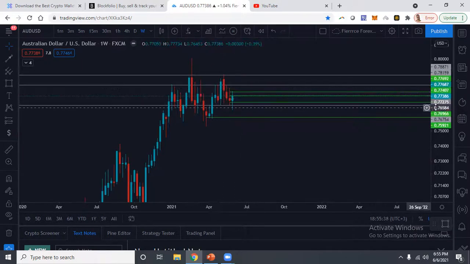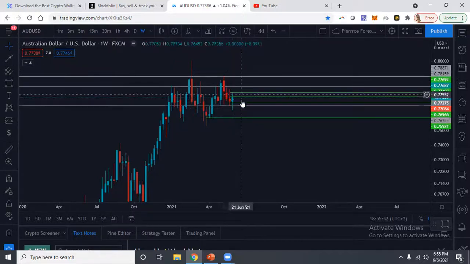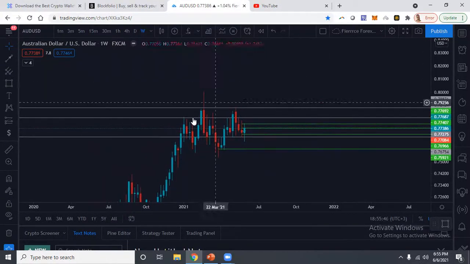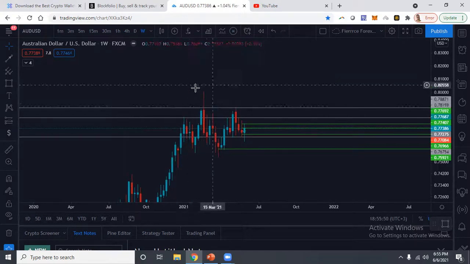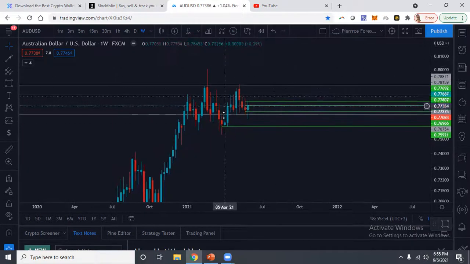So right now, that's where we are. This could just be a retest before we continue to the upside. We may want to retest these levels up here, the weekly high of February. But right now, price is moving sideways.